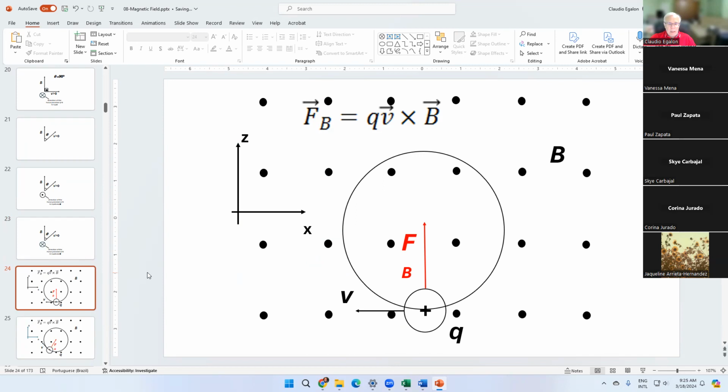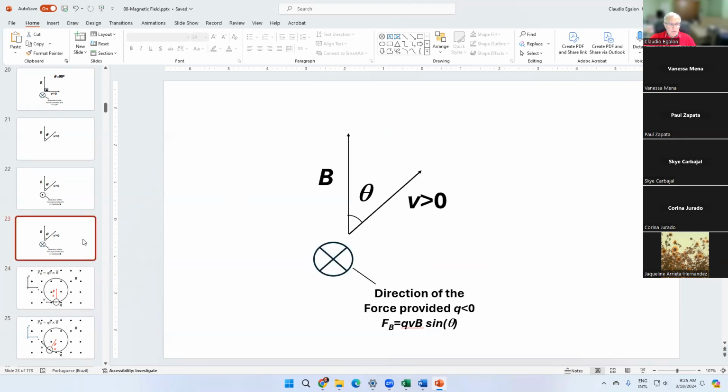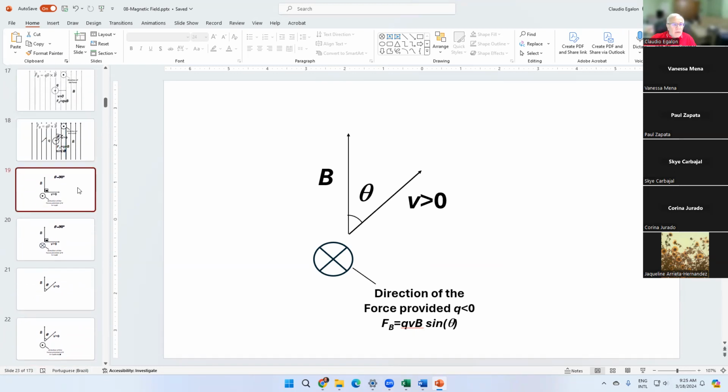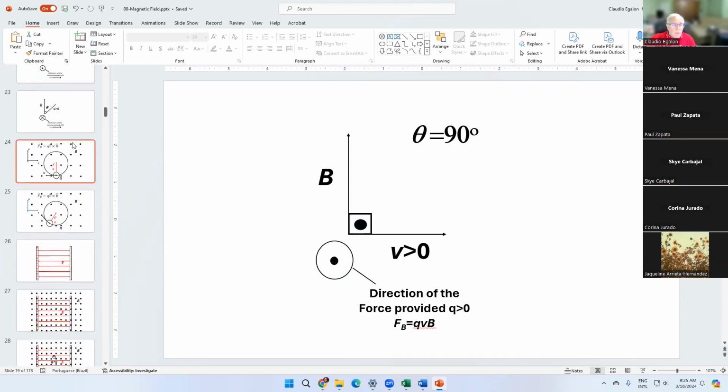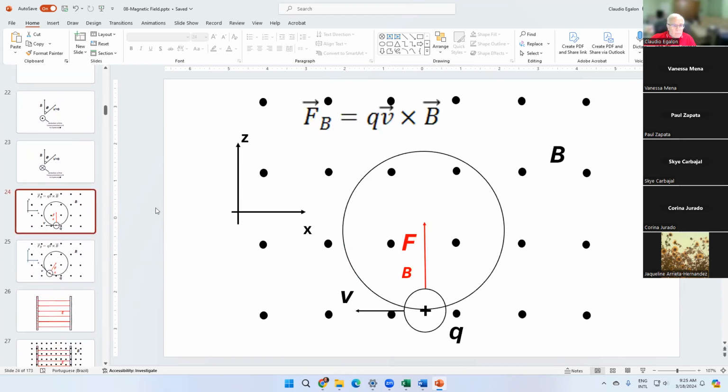Previously, we had the X and Y here. In this case, the Y is parallel to the B field. The Y is pointing in the same direction as the B field is pointing.